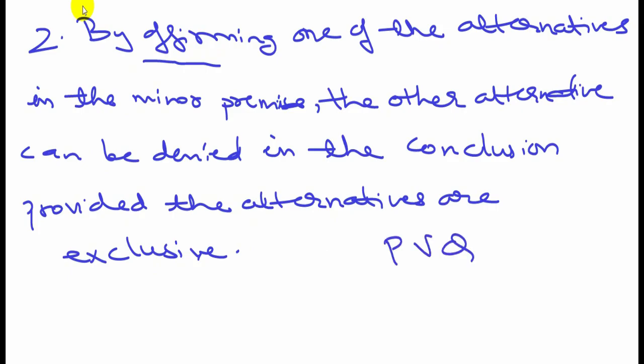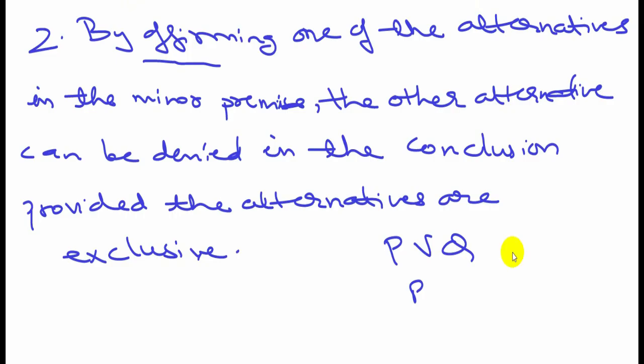For example, P or Q, either P or Q. Now we are affirming P. This is the minor premise.